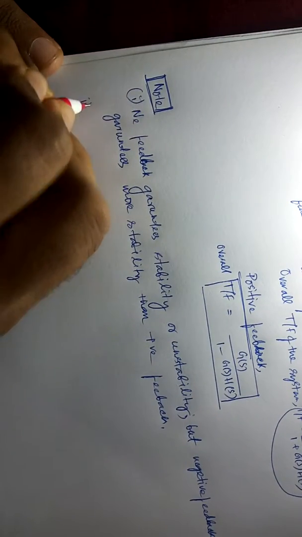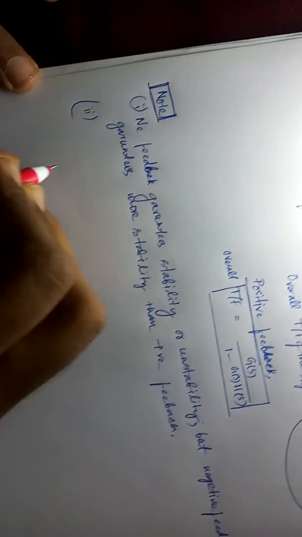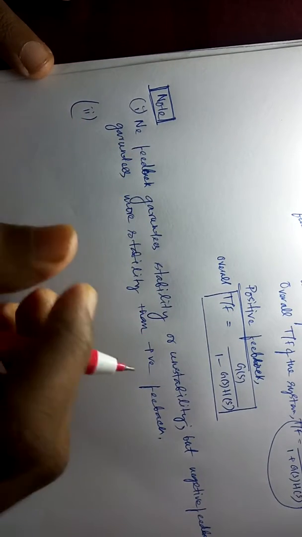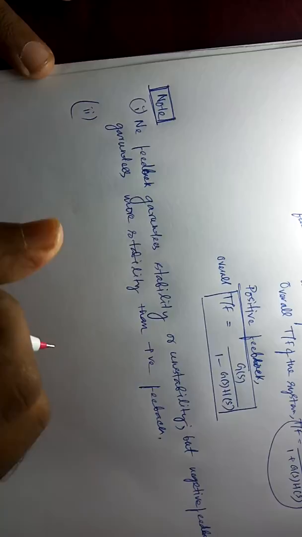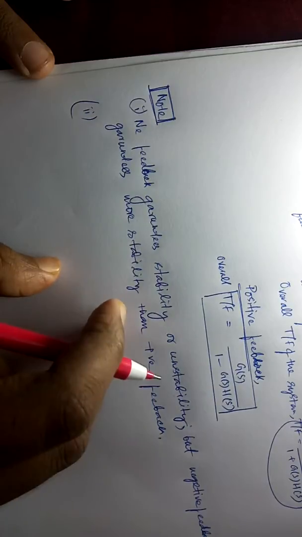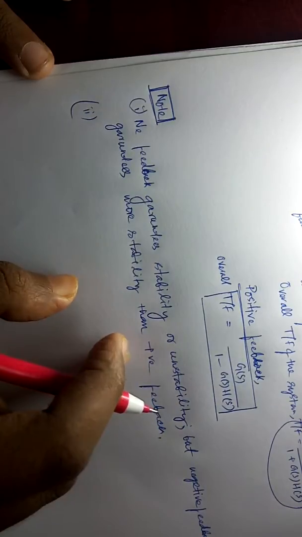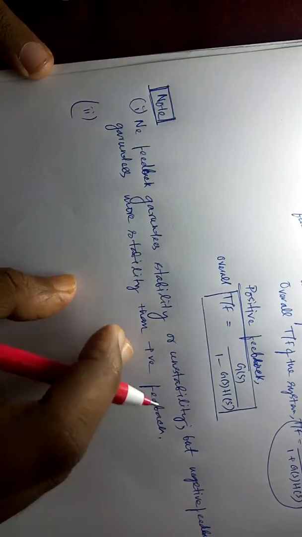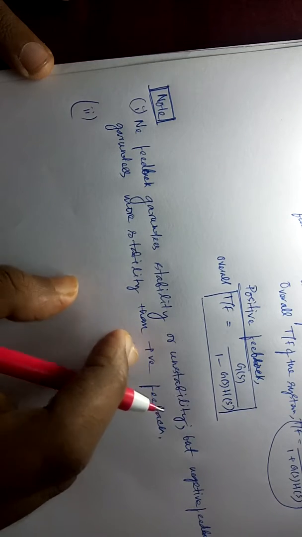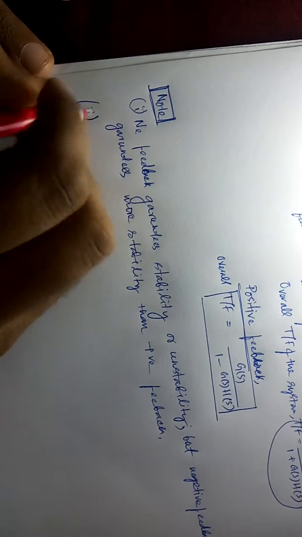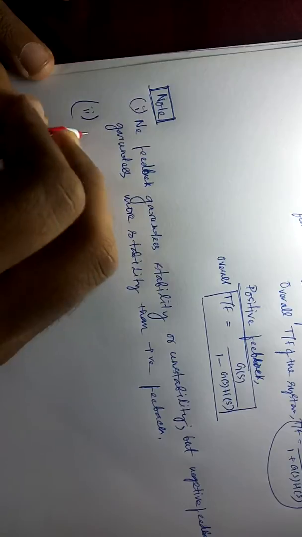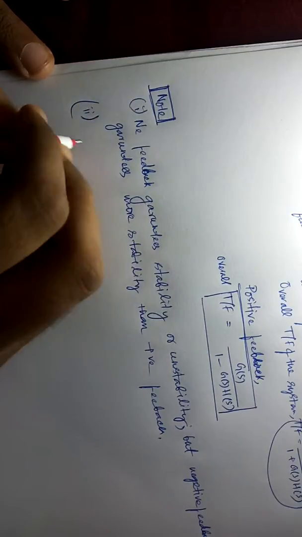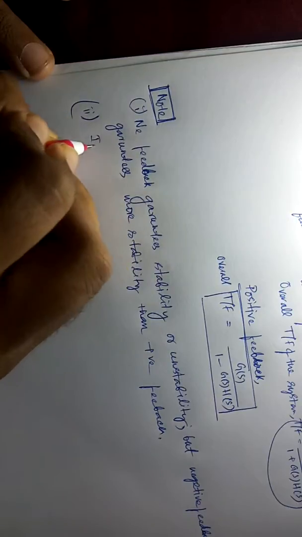Point 2, this is also very important, and that is, in spite of having negative feedback, control system can still become unstable due to high open loop gain, high transportation delay, and high sensitivity. You can remember these points. This will help to get good marks in exams and also in the basic understanding of feedback. So take the point.